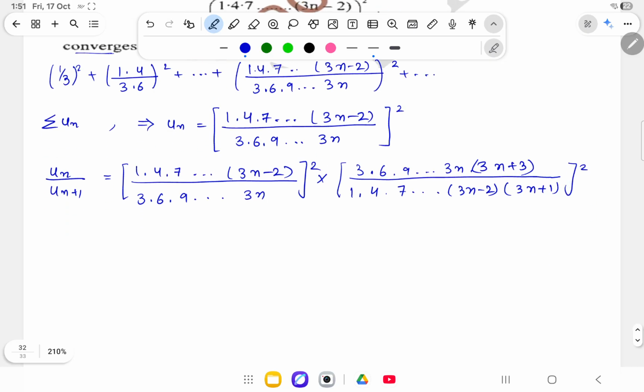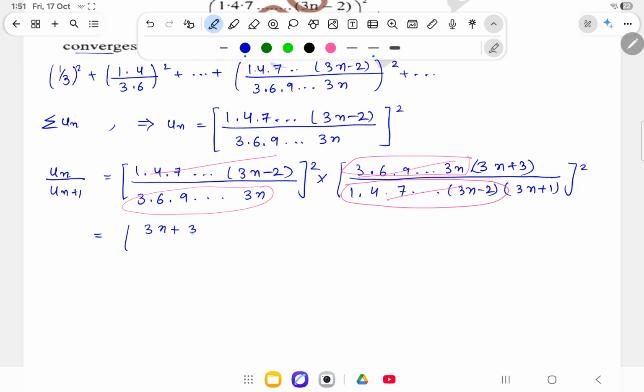So we can just balance out the common terms, since these terms can be balanced out via these, and likewise these terms can be balanced out from these terms. So what we'll be left with is 3n plus 3 divided by 3n plus 1 whole square.